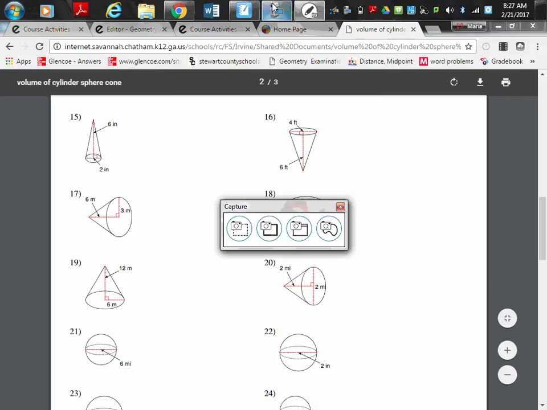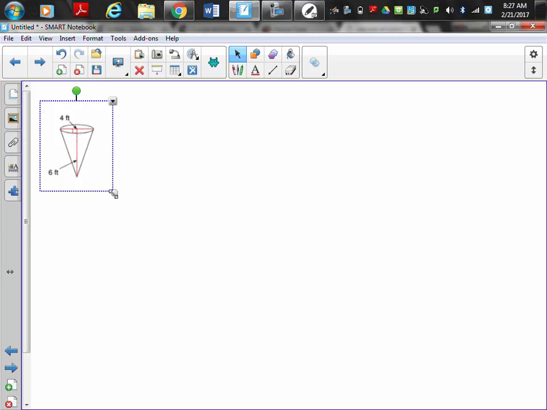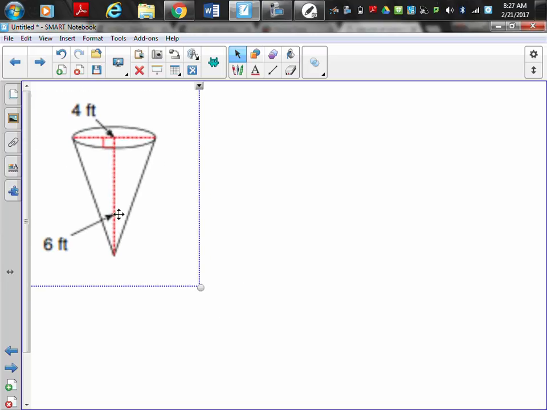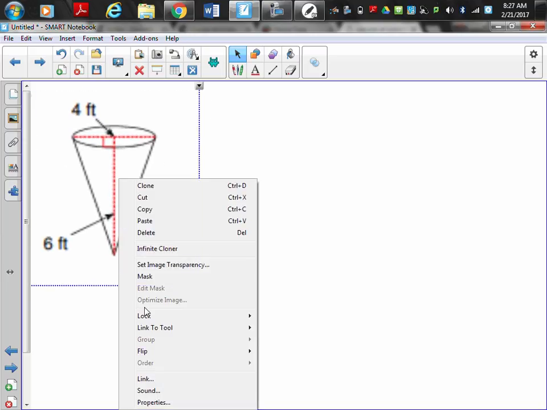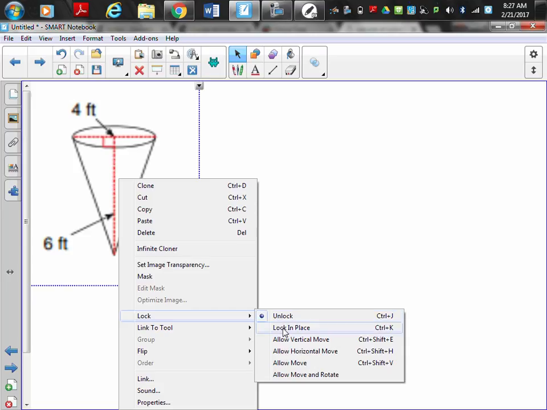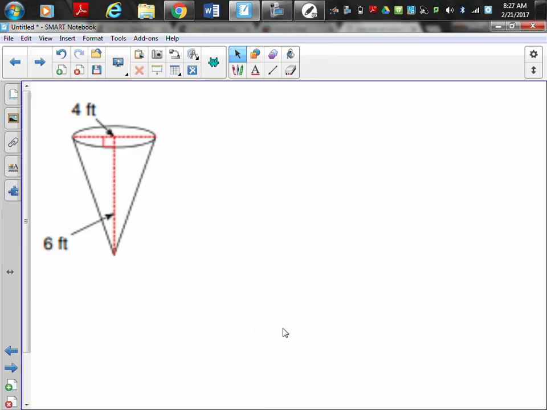First thing we do, always and forever, is write the formula.